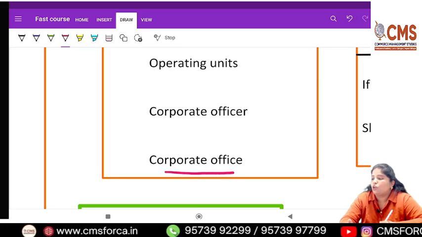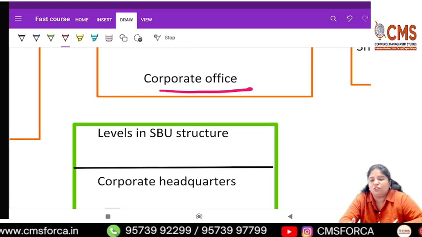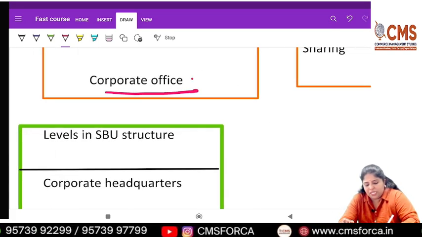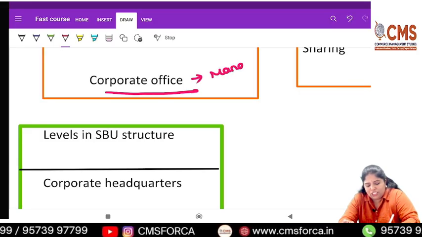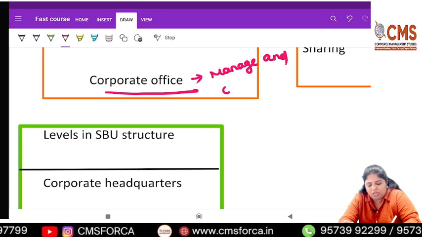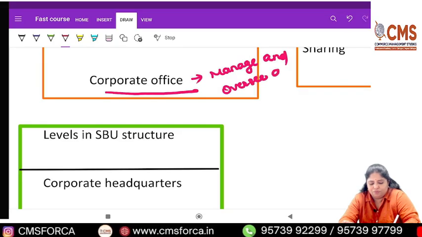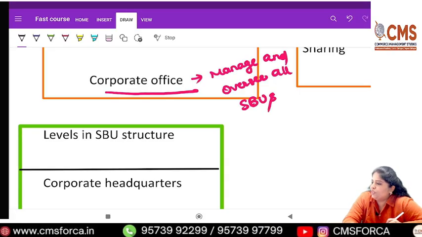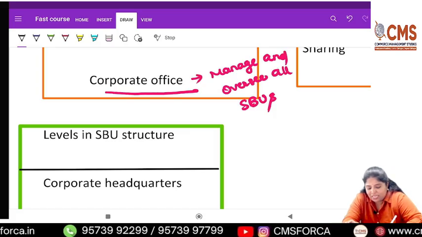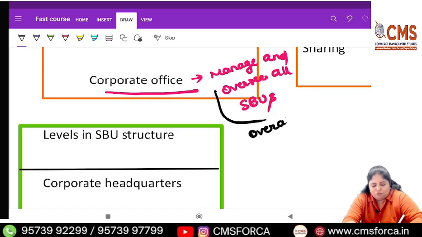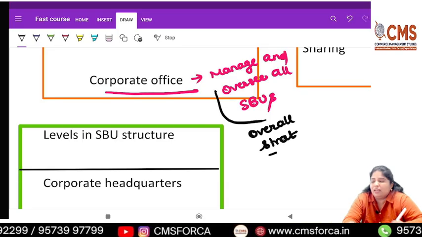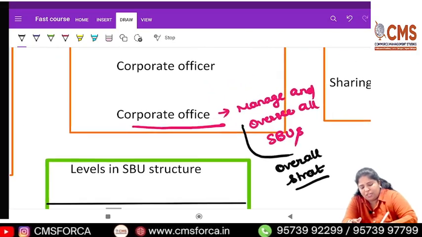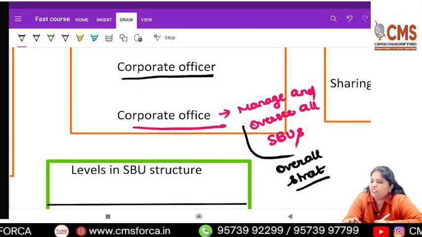We have first the corporate office, which is nothing but your corporate headquarters. What happens at the corporate office is they manage and oversee all SBUs. All SBUs run under the control of the corporate office, and making overall strategies for all SBUs is done at the corporate office. Who works for the corporate office? The corporate officer.